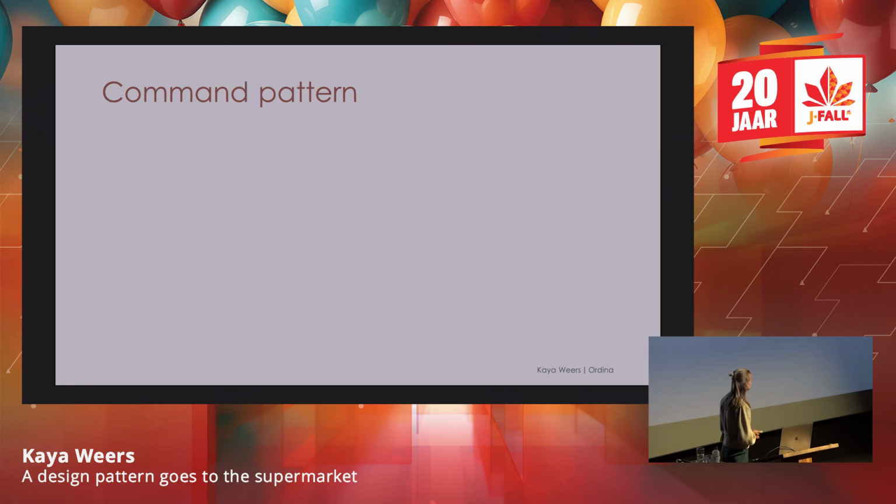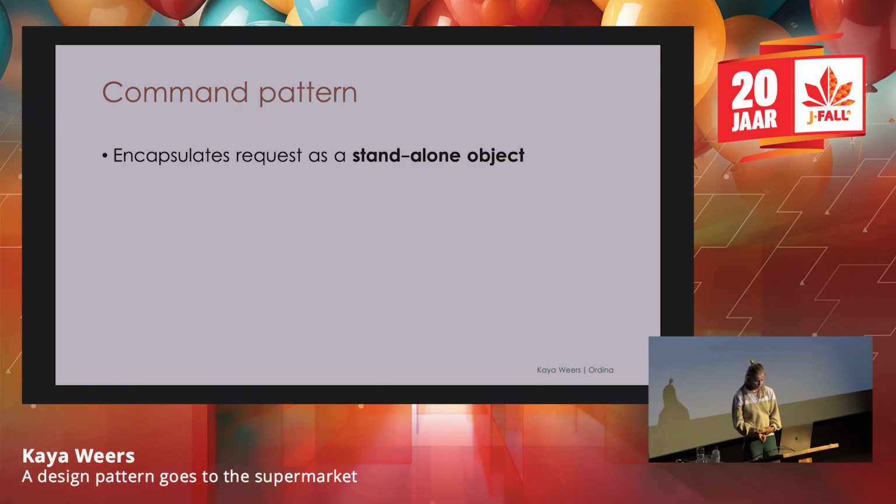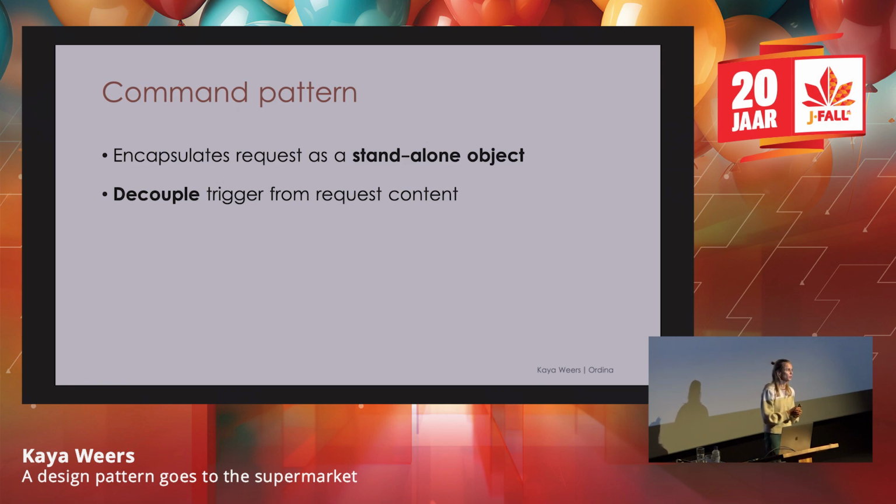It's the command pattern. In the command pattern, the most important concept is the encapsulation of a request. In this case, doing groceries is encapsulated in the note. So everything about the request, who needs to do it, Bobby, and what needs to happen, all the groceries, is on that note. And by doing that, you can decouple it.